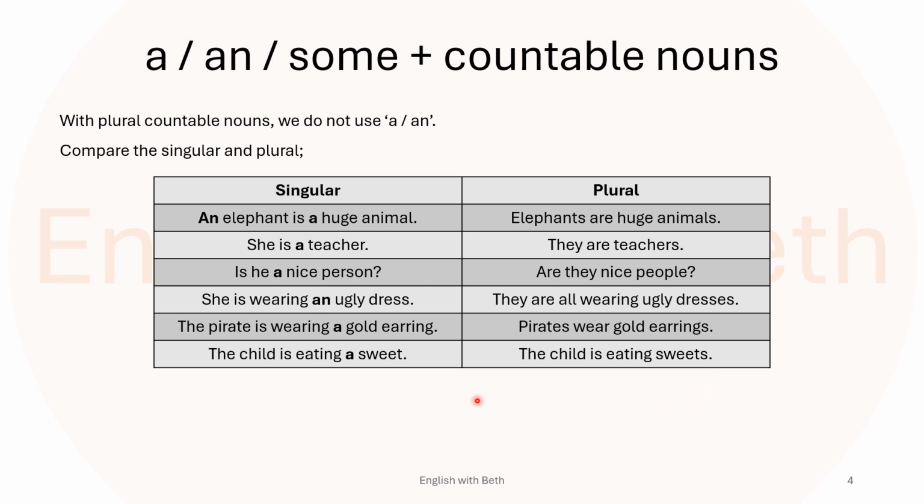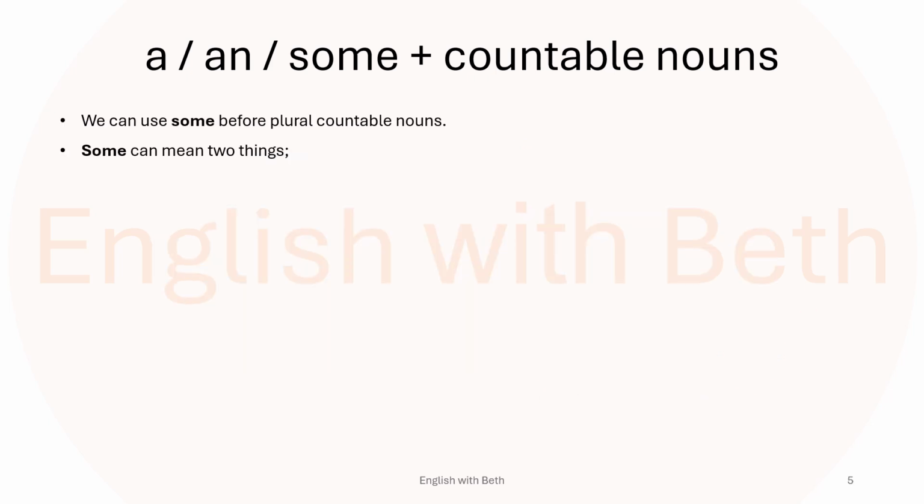So hopefully that will help you to remember that with plural countable nouns, as on this side, we do not use a or an. So instead of a or an before plural countable nouns, we can use some.